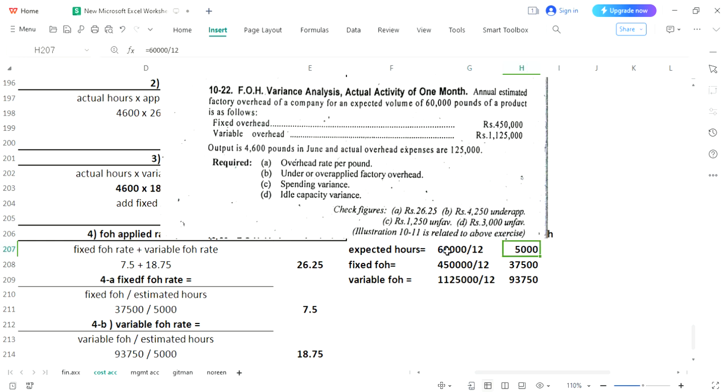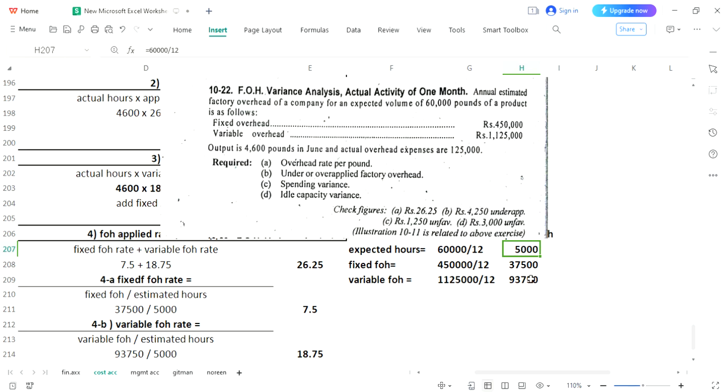So for the next part of the question, we haven't used 60,000, 450 and 11,25,000 amount anywhere in the question. Instead of that, we have used these three amounts. Per month amounts were used for solution of every part of the question.